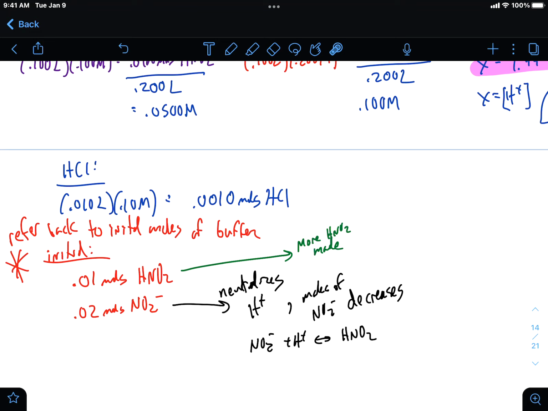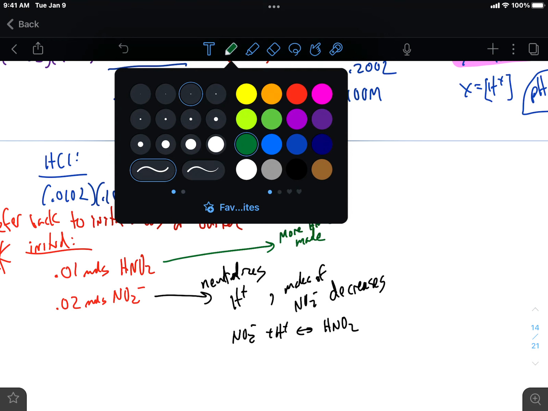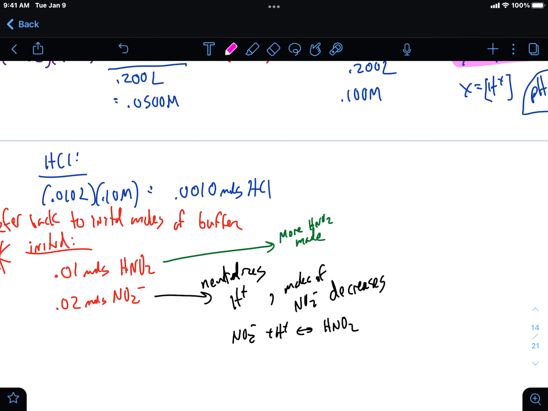Okay, so this is a little rule I'm going to write off to the side, but it's an important rule, and I will mention it frequently. Strong species react completely.